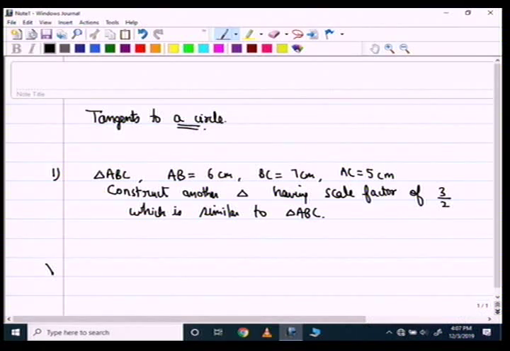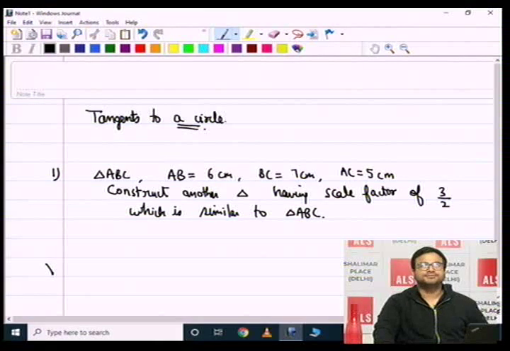Okay, okay, I understand. No worries. So Itanagar, are you able to draw?